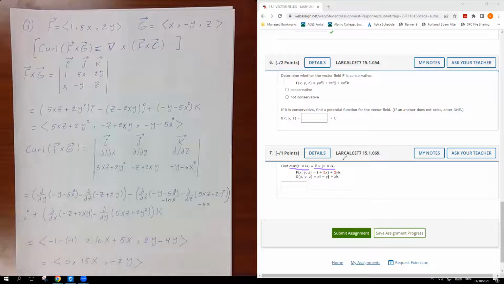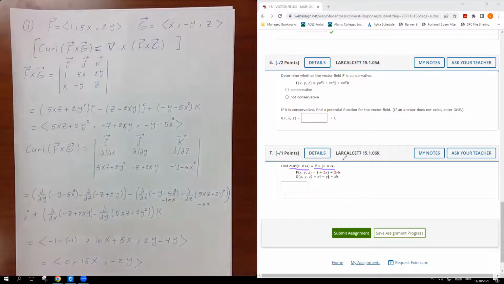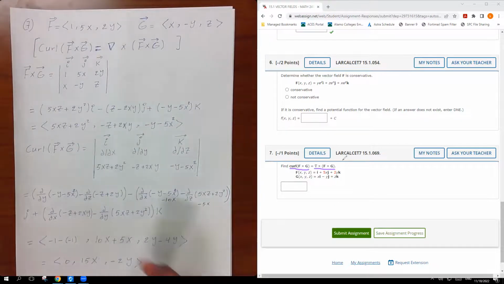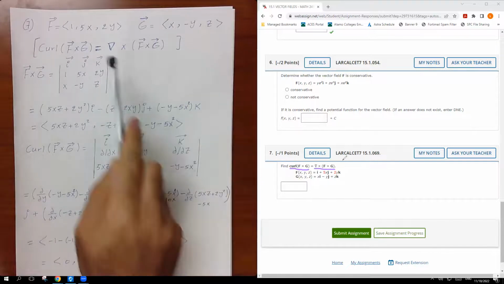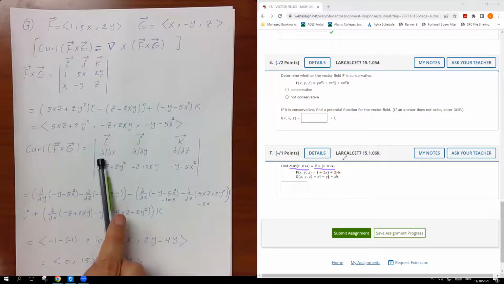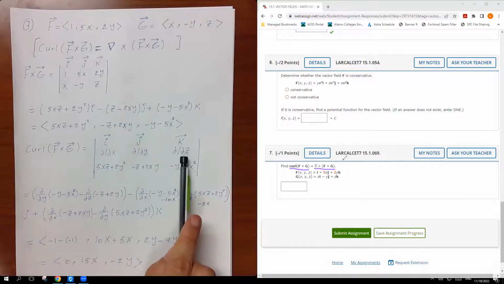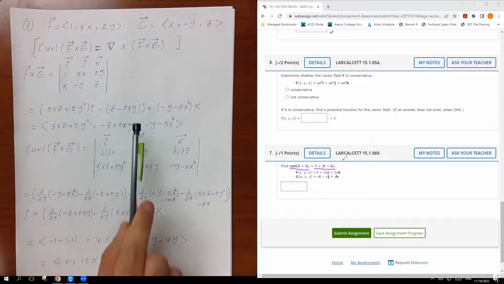We have to keep going, and now we need to find the second part. If you look at this one, the second part, the gradient, there's no gradient of f for x or y or z. The gradient by itself means it's the partial derivative with respect to x, the partial derivative with respect to y, and the partial derivative with respect to z, because they didn't tell you to find the gradient for f for x or y or z.